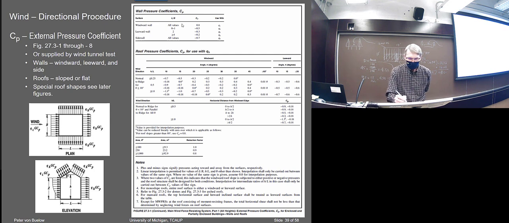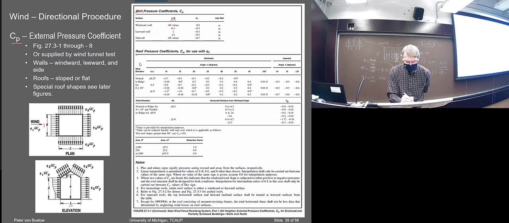This is the famous CP table. This one page has an incredible lot of information on it. It gives you the CP values for the walls based on this ratio of length to width, right?